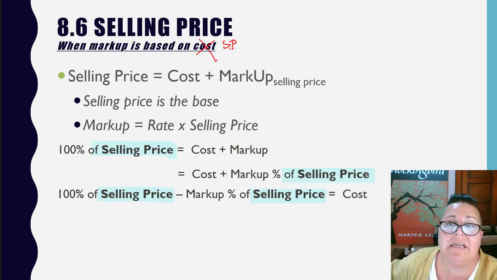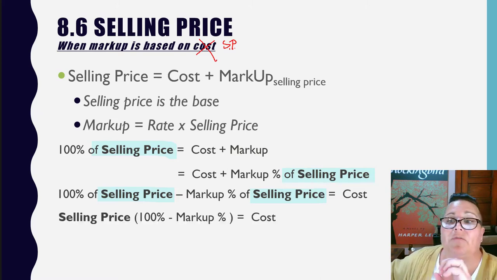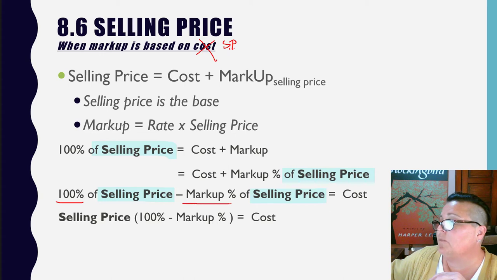Now, just like last time, do you see how we've got selling price in both of those pieces? I can pull that out front. And if I pull that out front, then in the first piece here, I'm left with 100%. There we go. And in the second piece, I'm left with minus whatever the markup percent is.